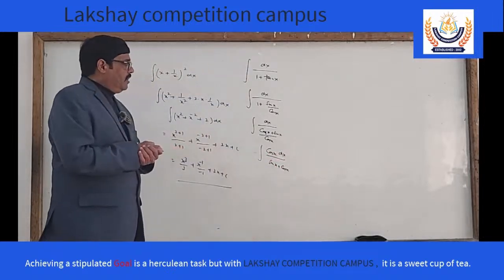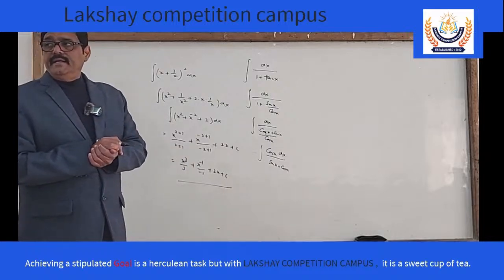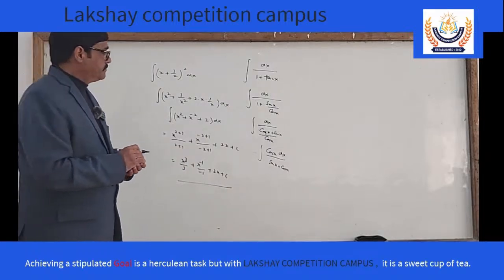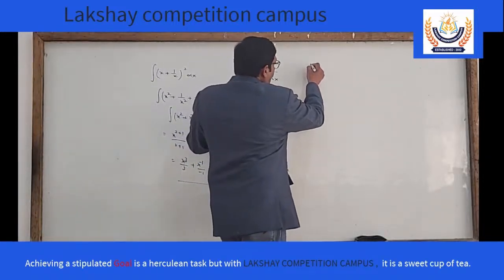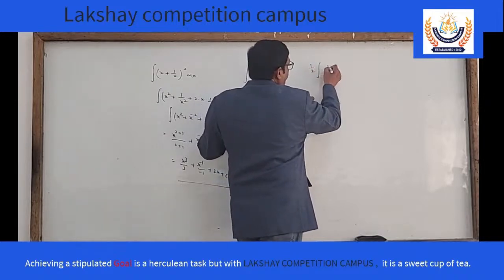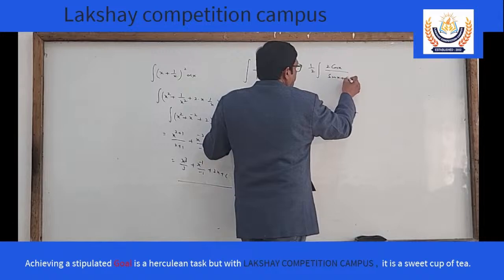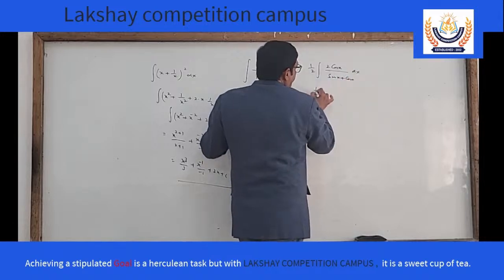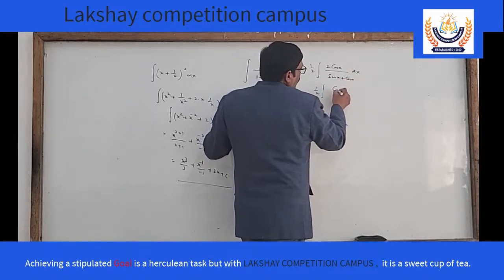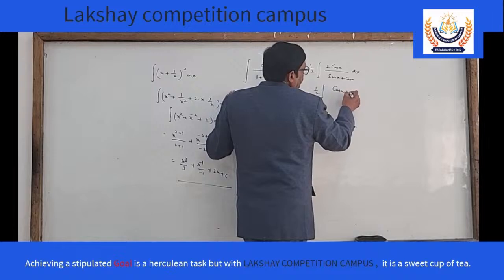Now you multiply and divide by 2. We get 2 cos x upon sin x plus cos x, and we write it as cos x plus cos x.